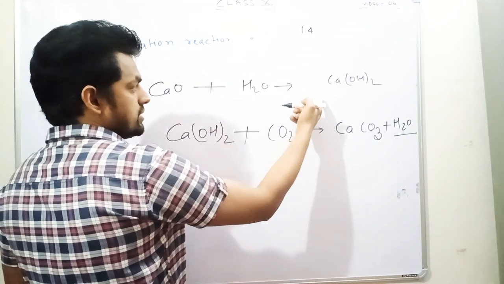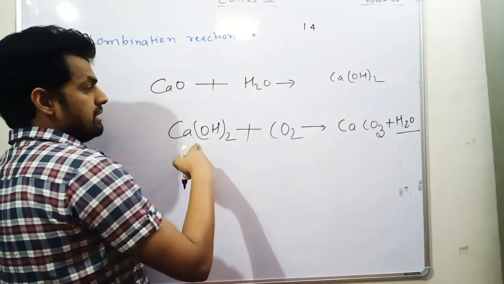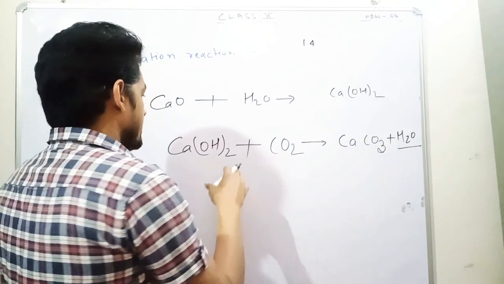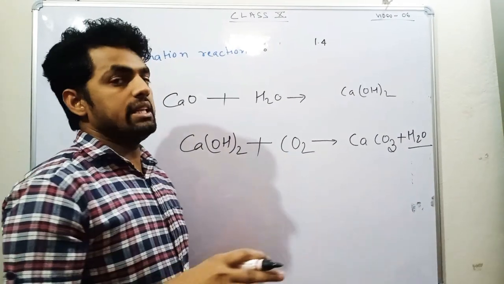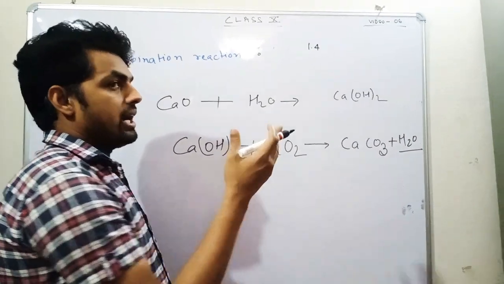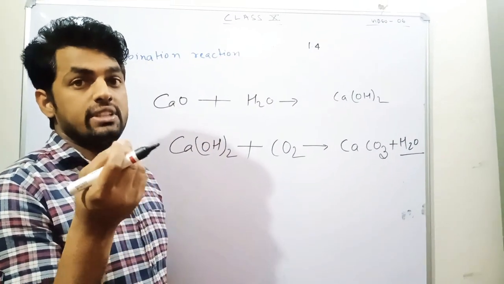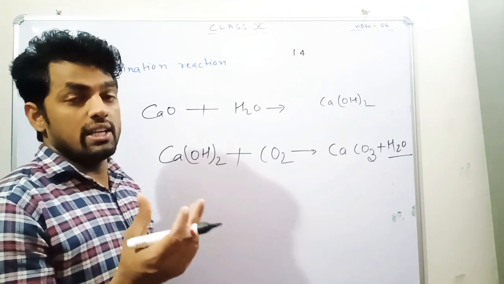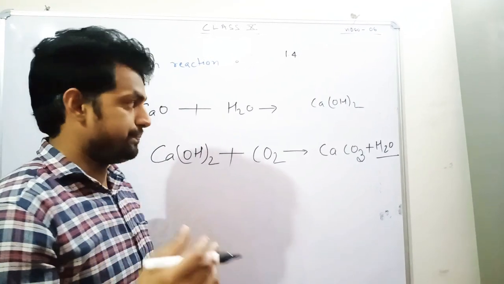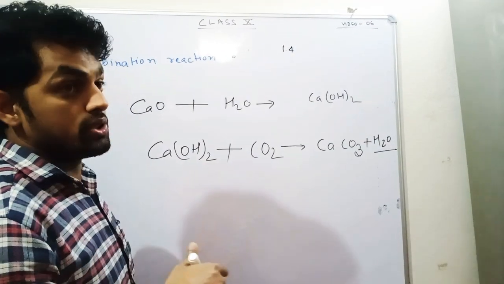After we put this on the wall to polish it, carbon dioxide present in our atmosphere combines with it and after 2 or 3 days we can see the wall has become shiny, white shiny. Why does it become so shiny?